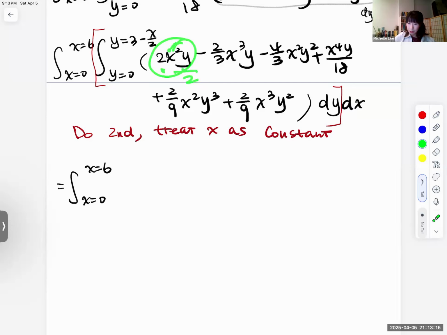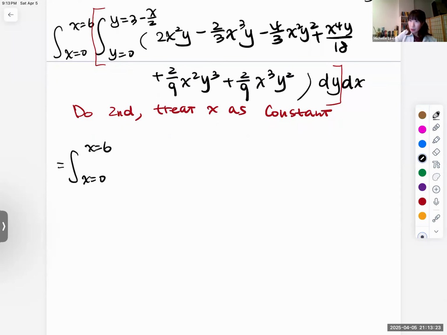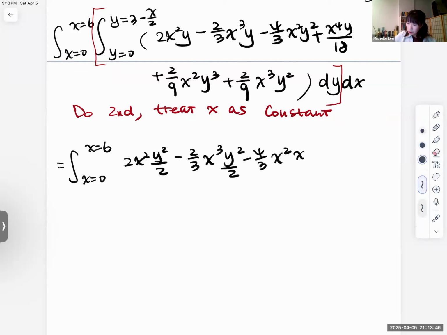Then we have 2x squared y squared over 2. Let me write it under the y, so we know we integrate with respect to y. Minus 2/3 x to the third, y squared over 2. Minus 4 over 3 x squared, y to the third power over 3, plus x to the 4 over 18, y squared over 2.